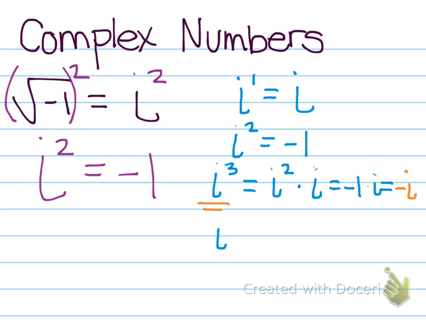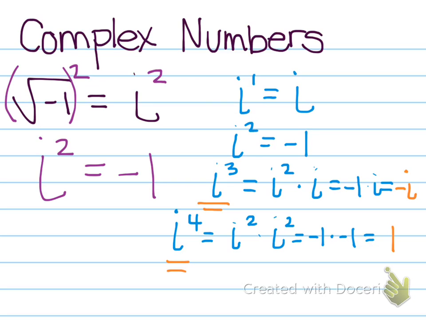Then i to the fourth is like saying i squared times i squared. Since we know i squared is -1, we have -1 times -1, so i to the fourth is 1.